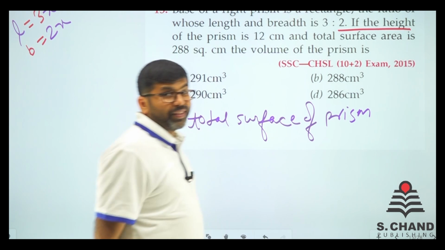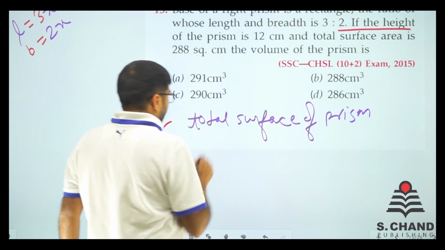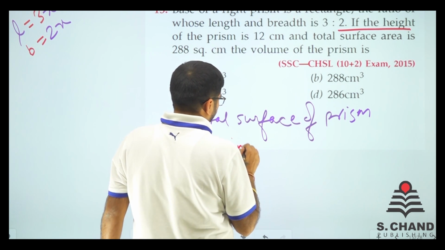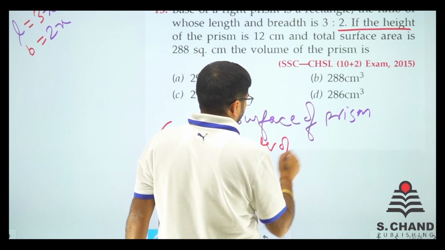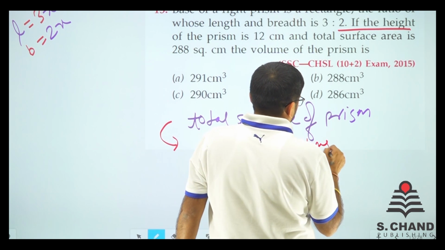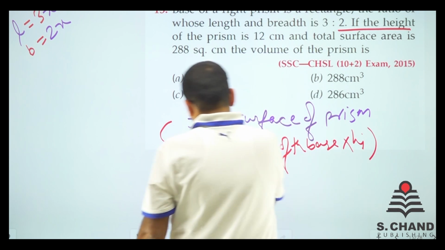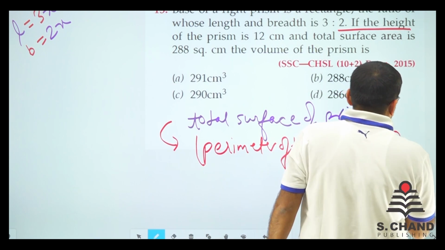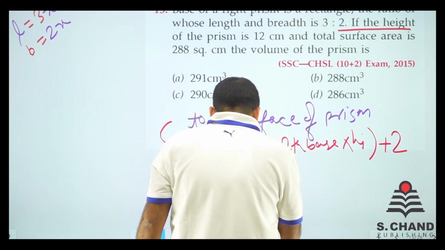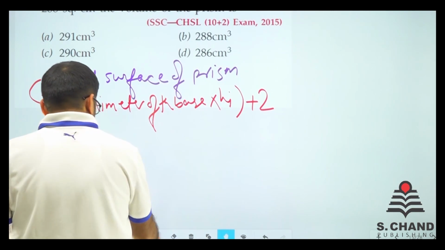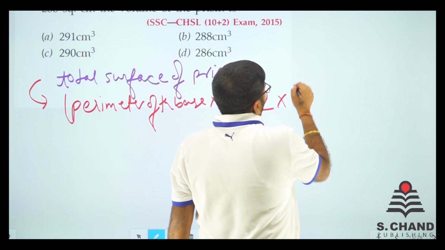Total surface area of a prism. When you talk about a prism, we have perimeter of the base into height, plus 2 into area of the base.